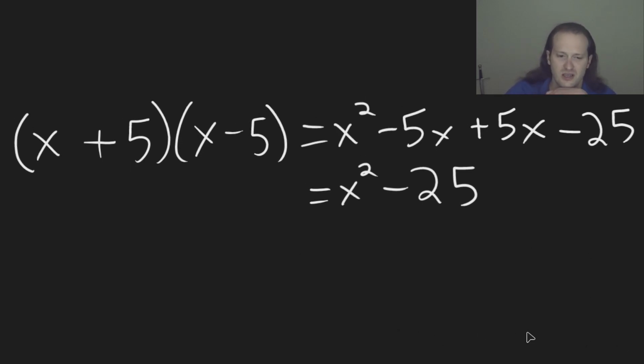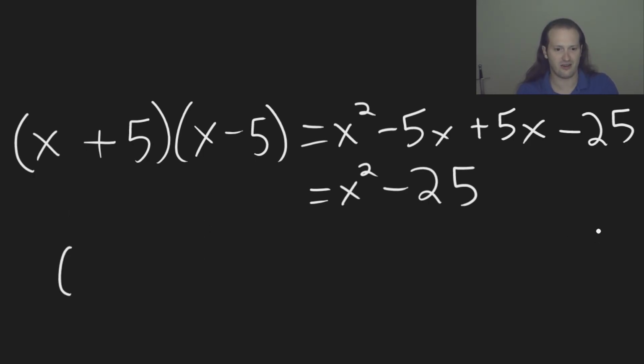Furthermore, you can see that both of these terms are perfect squares. We have x squared, and then 25 is a perfect square of 5. That's not a coincidence. This kind of works in general.